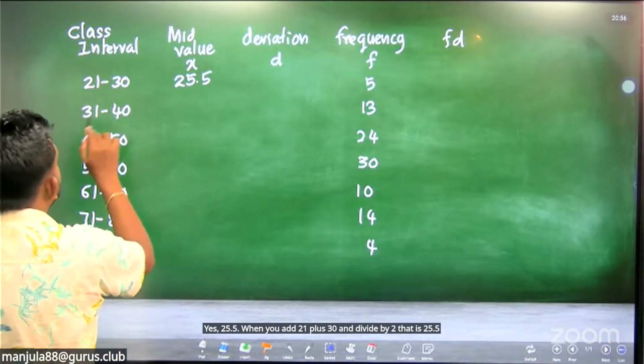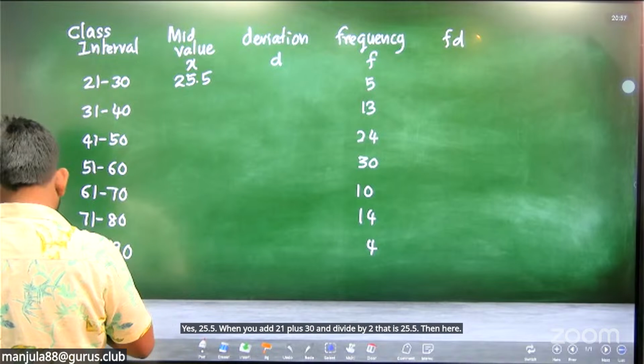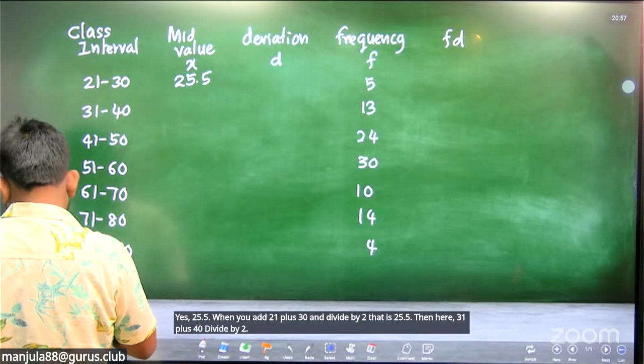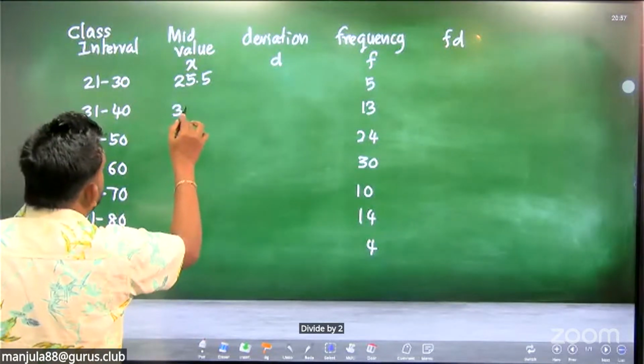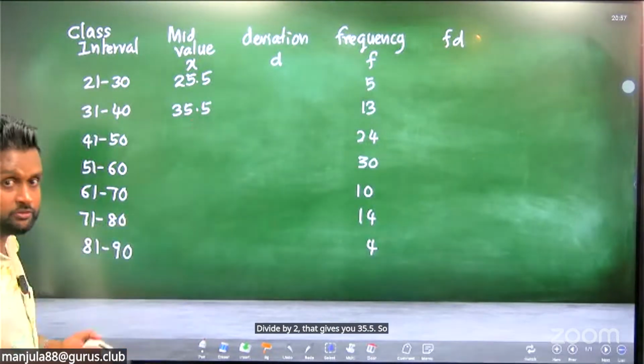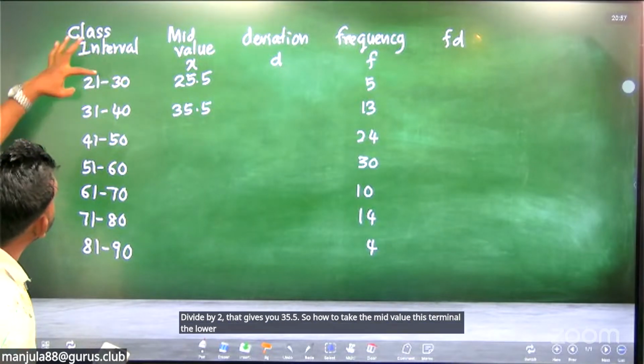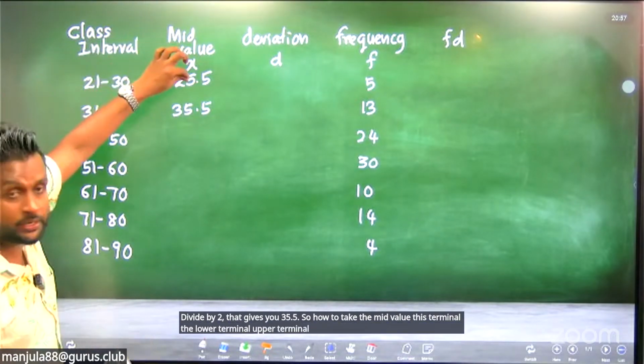Then here, 31 plus 40 divided by 2 gives you 35.5. So how do you take the mid value? You add the lower limit and the upper limit together and divide by 2.